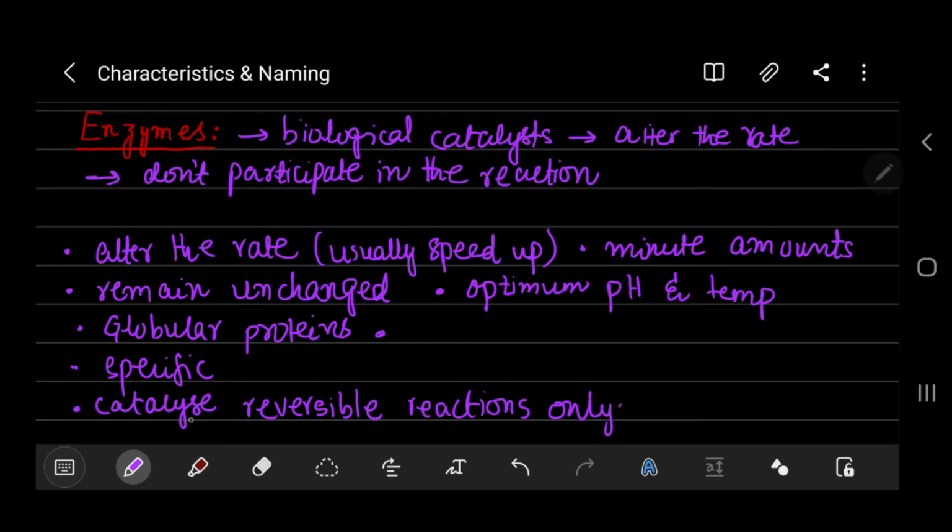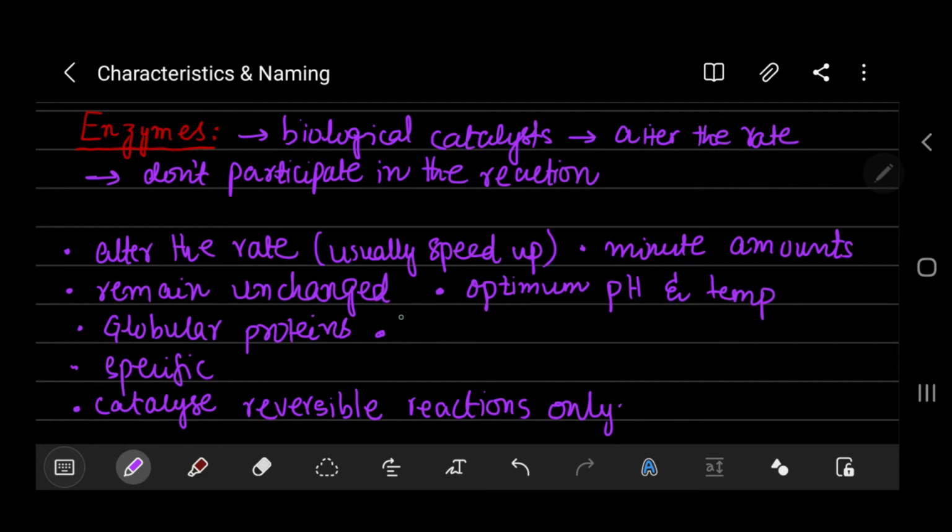They all catalyze reversible reactions only, and they are used in minute amounts. They are used in very small amounts, and they work best at optimum pH and temperature.